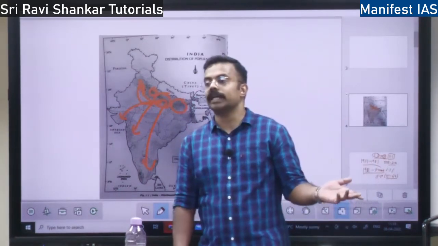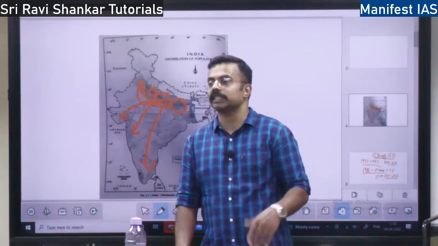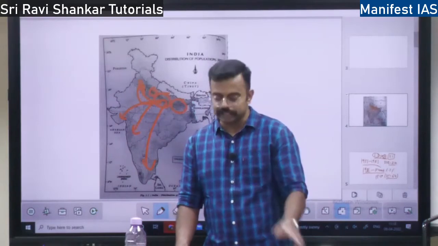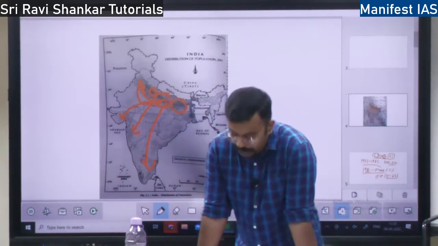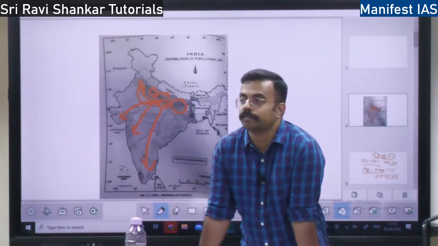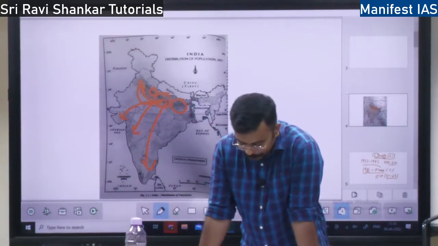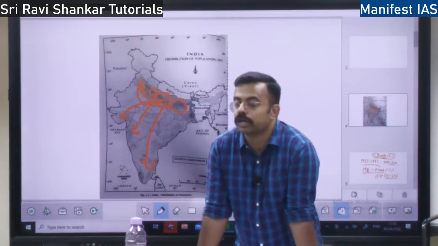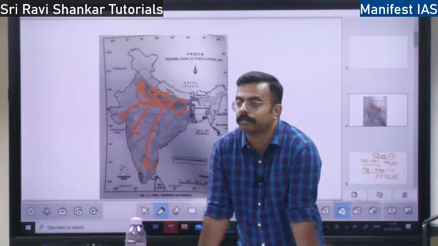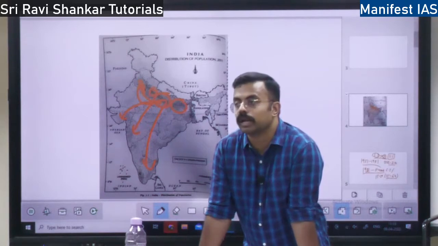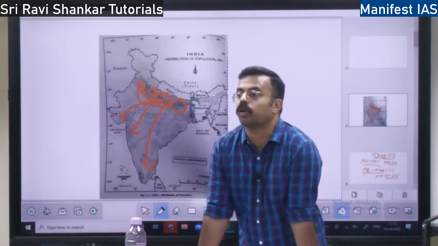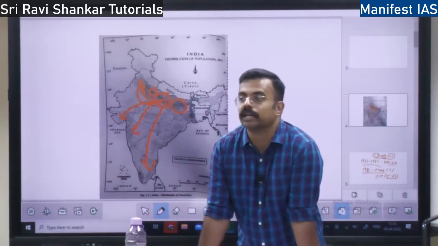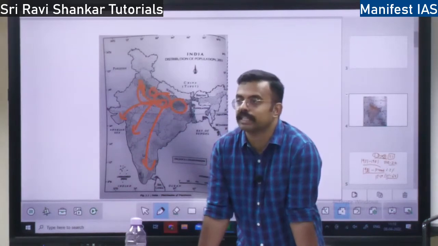They are in one place, and they will be married to some other person in some other place. So within the state, females are the highest population of migration. Then interstate migration: you will find rural to rural migration and rural to urban migration. In rural to rural migration, you will find women are more, moving from one rural area to another rural area. Why? The same reason, marriage.